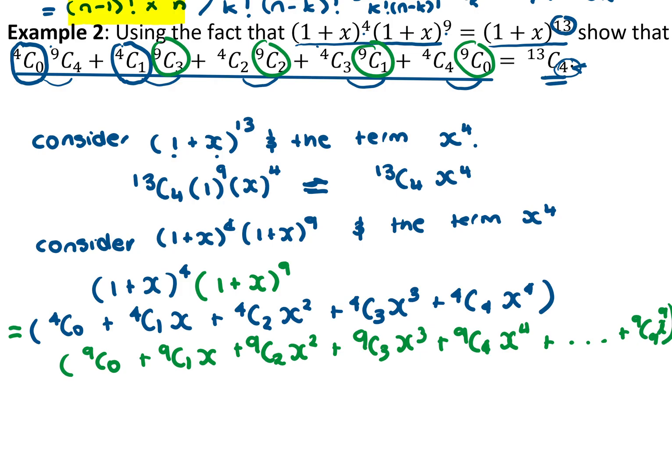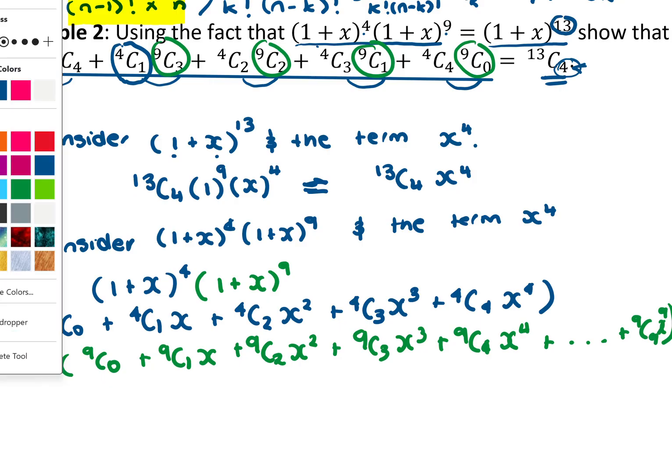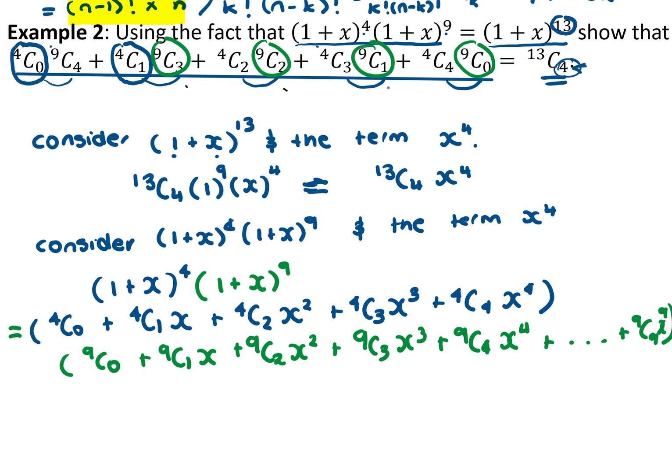I've only written terms up to 4 and then dot, dot, dot, first to save time, second because the question only considers those terms, and third because I'm looking at terms that make x to the 4.